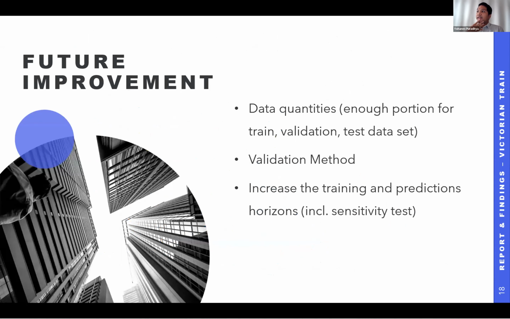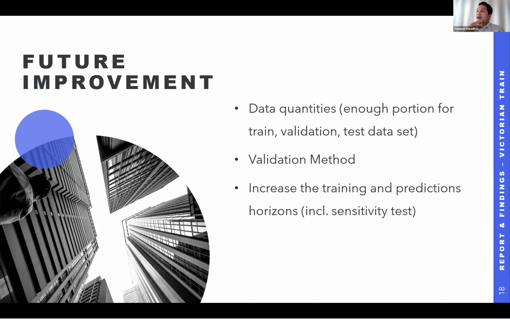So because there is a lot of problem in training and that data set, for the future improvement, we want to improve our data quantities, maybe by increasing the number of weekly analysis. We only have 8 weeks, so hopefully we can get 1 year of analysis, so we can get a lot of data.